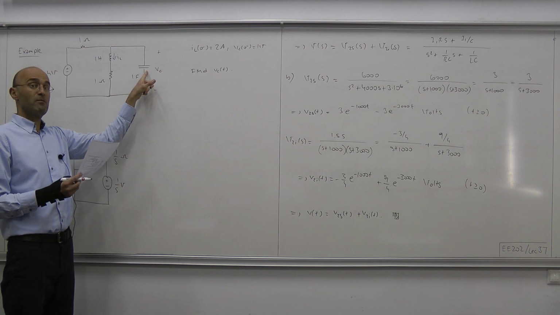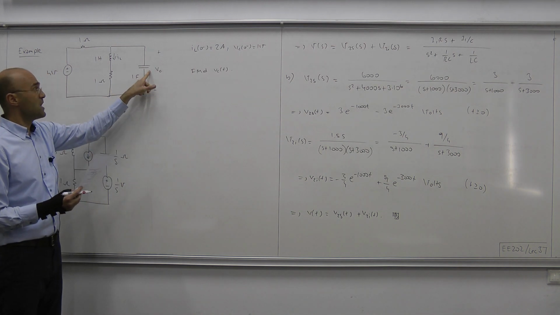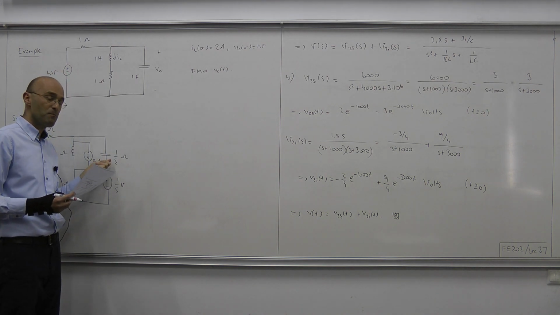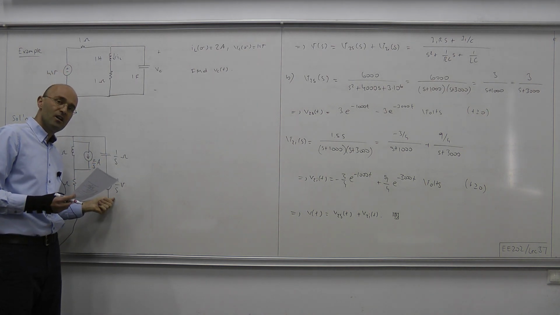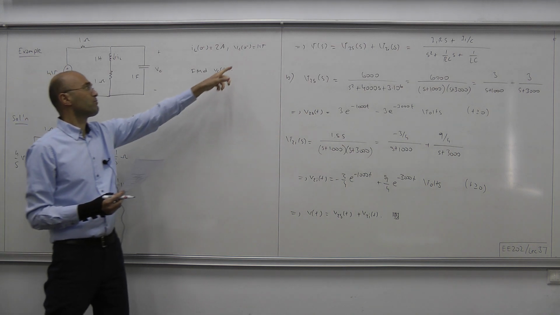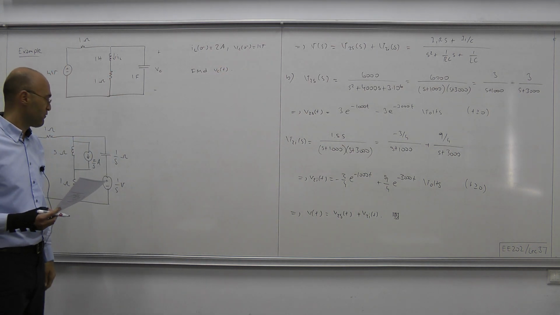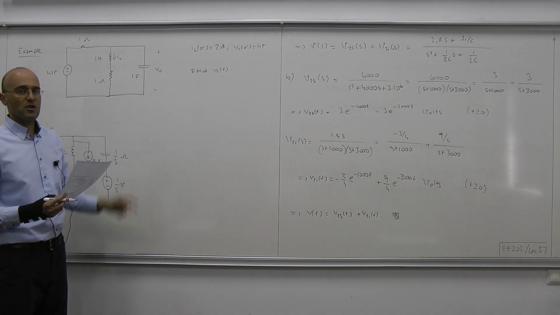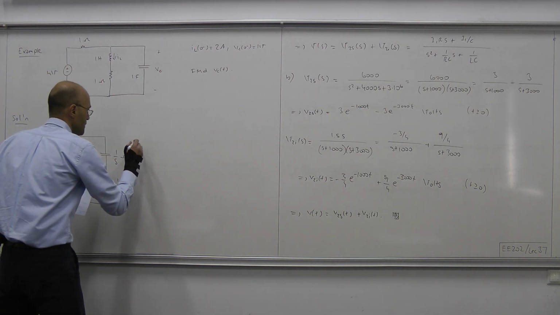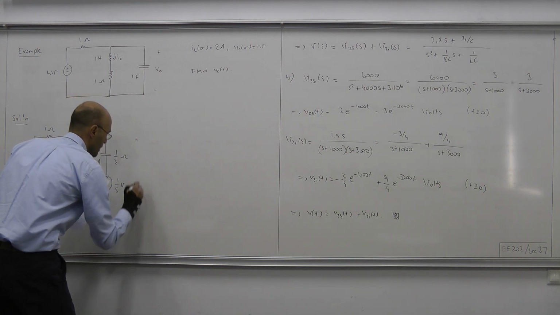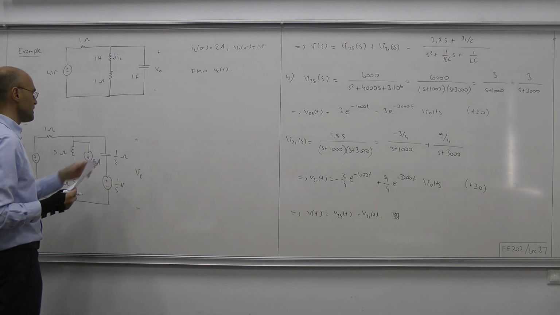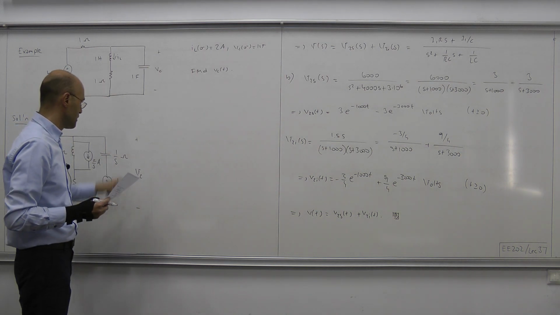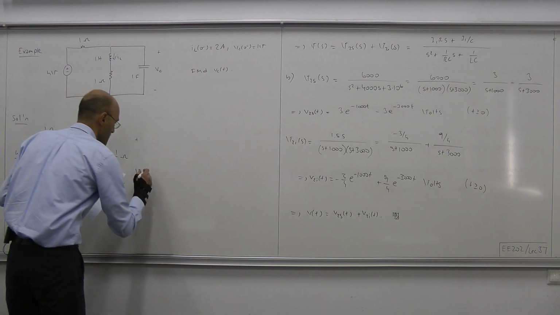But a capacitor in the time domain is not represented only by this impedance, but by this impedance plus this voltage source representing the initial condition. Therefore, Vc of S, the Laplace transform of the capacitor voltage, is the voltage drop across the terminals of these two components considered together. So this is Vc of S.